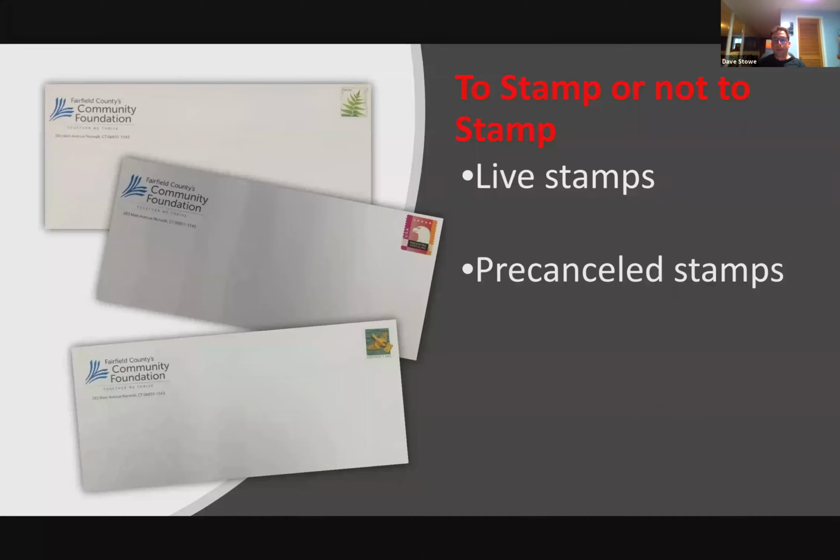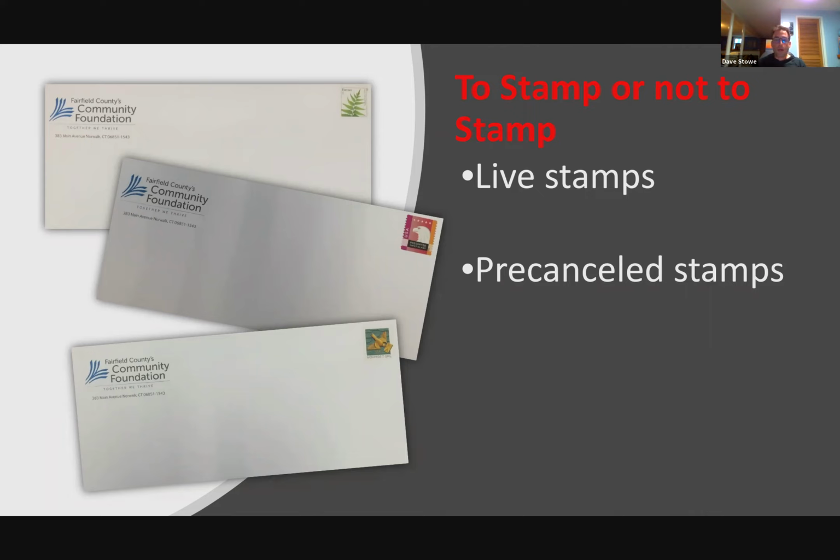So if you look at the 3 images that you see on here, 2 of them are actually pre-canceled stamps that are used with bulk mail, and one of them is a live stamp. Most people would have no way of knowing any difference, and they would think that they were all live stamps. The reason some people like using live stamps or stamps of any kind is because when somebody receives that, they think it's more personalized.